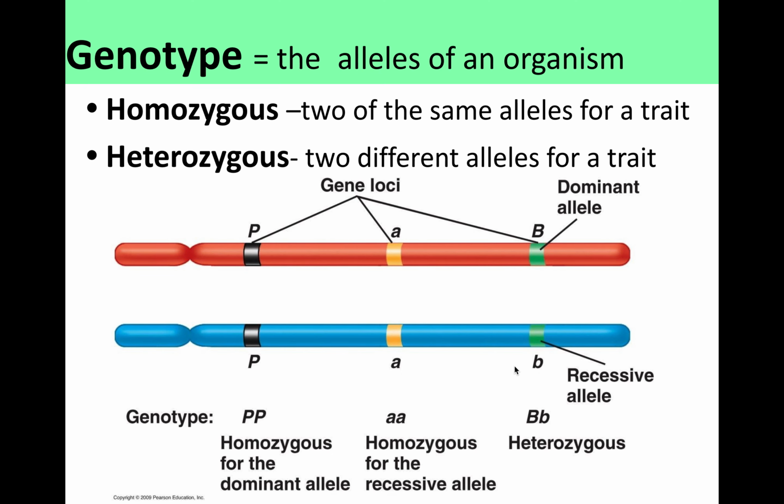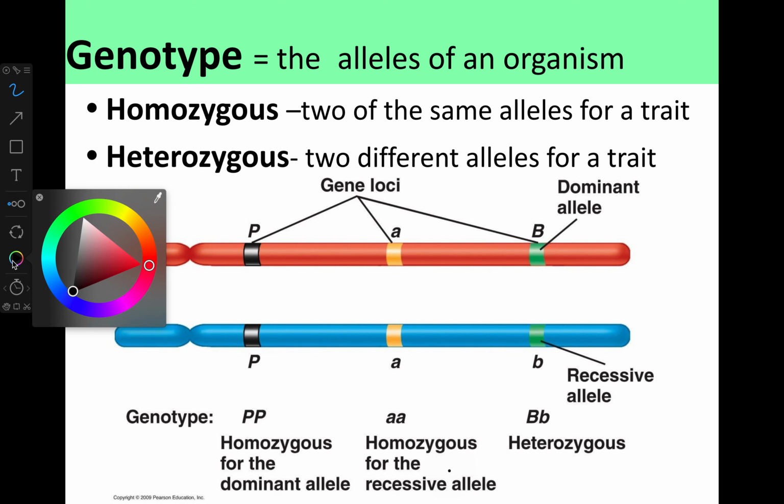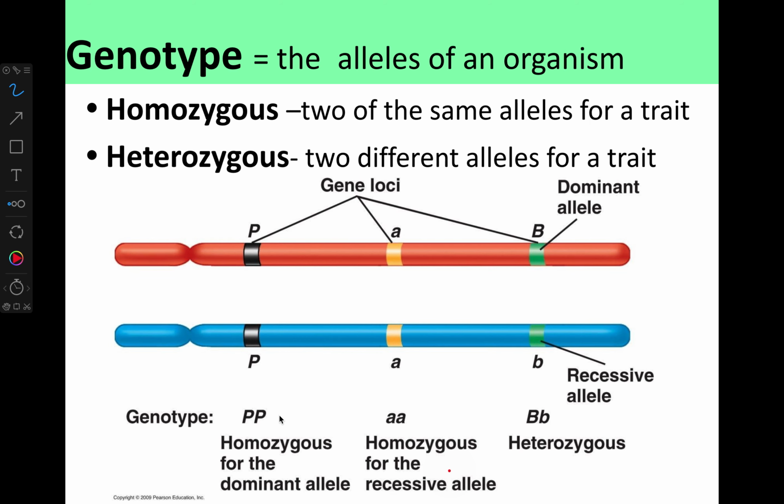Okay, so I also wanted to quickly review our homozygous and heterozygous genotypes. So we can see that, let me get this into red, this capital P is homozygous, meaning the same.